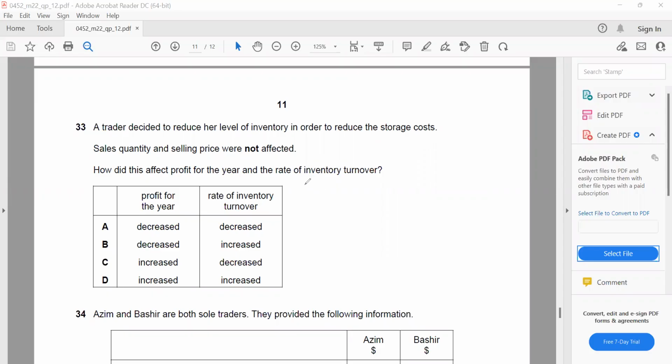So we prepare the income statement: revenue minus cost of sales, opening inventory, purchases, closing inventory, gross profit. So here they decide to reduce the level of inventory.